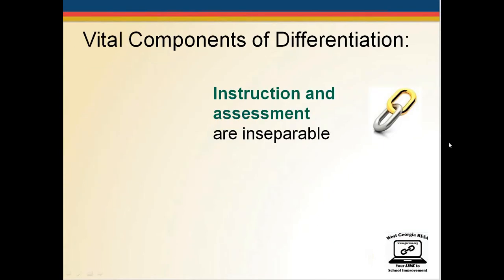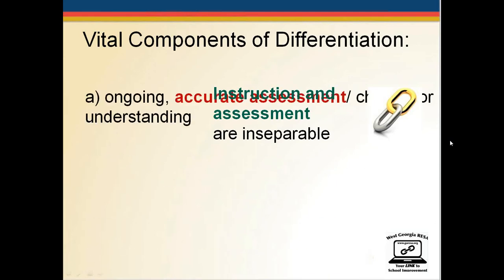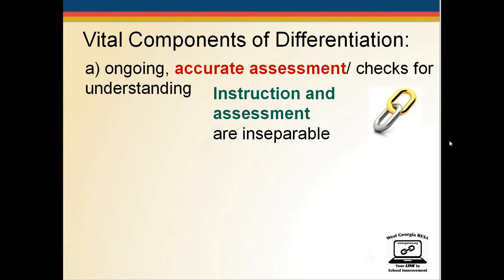So what are the components of differentiation? Well, the good news is that when instruction and assessment become really inseparable, then differentiation naturally follows. When you have ongoing, accurate assessment and checks for understanding, whether formal, like a multi-question pretest, or very informal, like having conversations with students and seeing what language they use, or asking students to give a thumbs up or thumbs down, or to move to this side of the room if they still want more help.